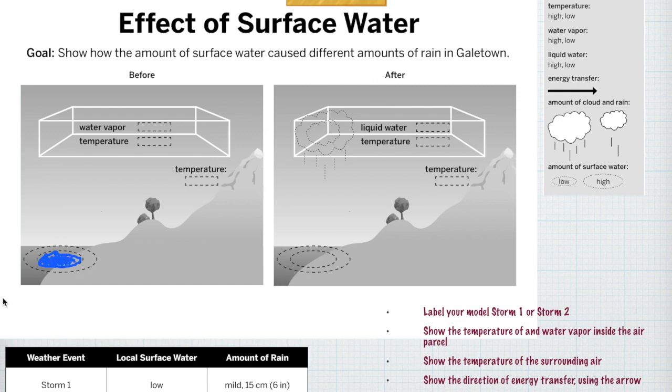Now, the amount of rain is also pretty low. So I'm going to circle, keep them both blue, right? When there's low surface water, there's also going to be low water vapor.